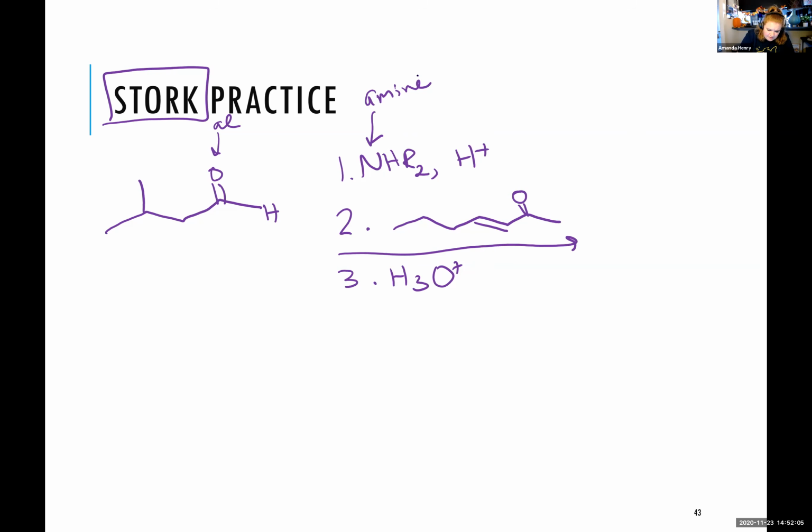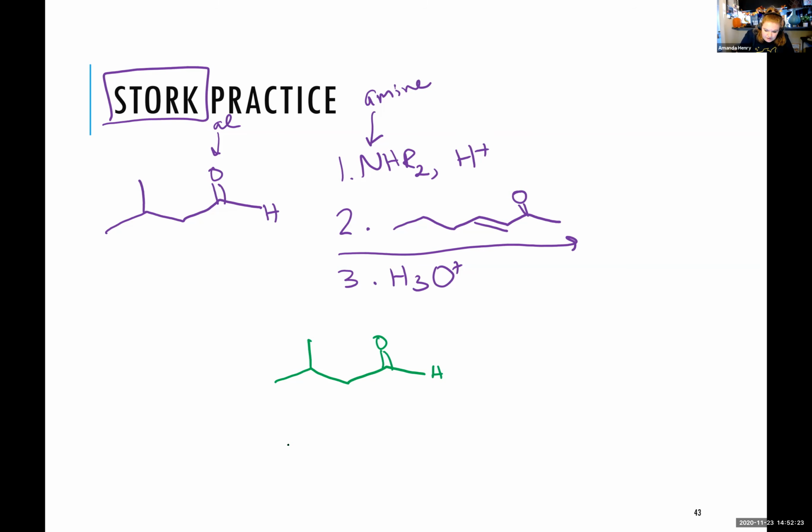Here's how we're going to draw our product, though. I'm going to redraw my aldehyde on the top. And it's not that it has to be an aldehyde. I'm redrawing my carbonyl that doesn't have a double bond on the top.